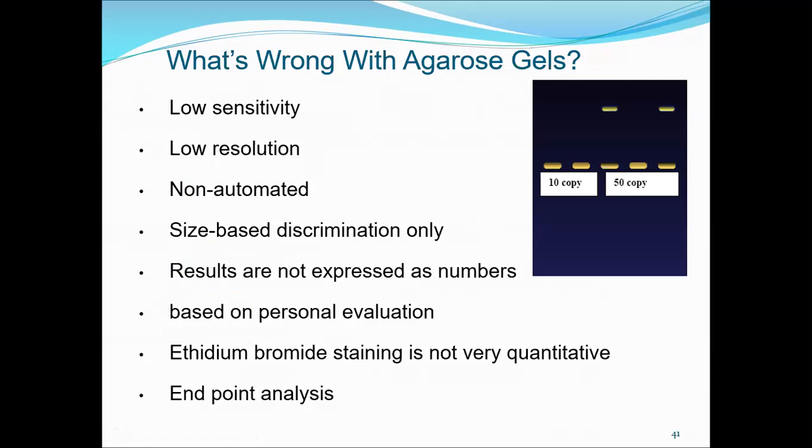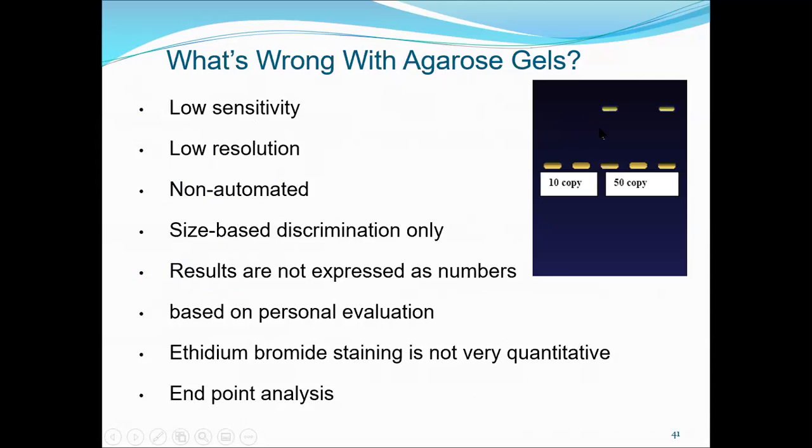Now, why do people prefer using the real-time as compared to the traditional or conventional PCRs? The agarose gel has low sensitivity, low resolution, and is not automated, meaning you have to do everything manually. And there is just size-based discrimination, as you have already run the agarose gel of the PCRs, RAPD and RFLPs.